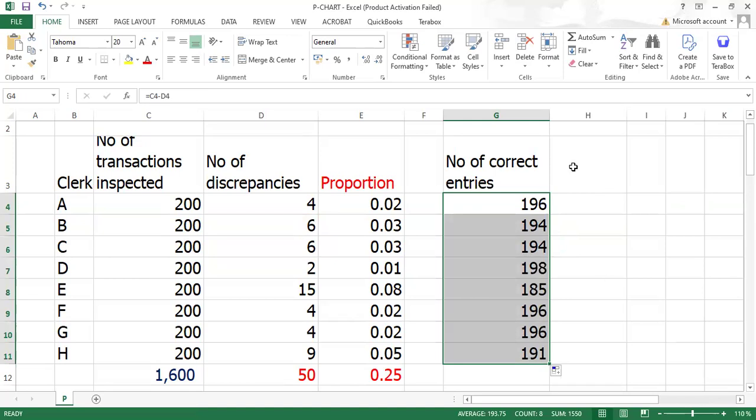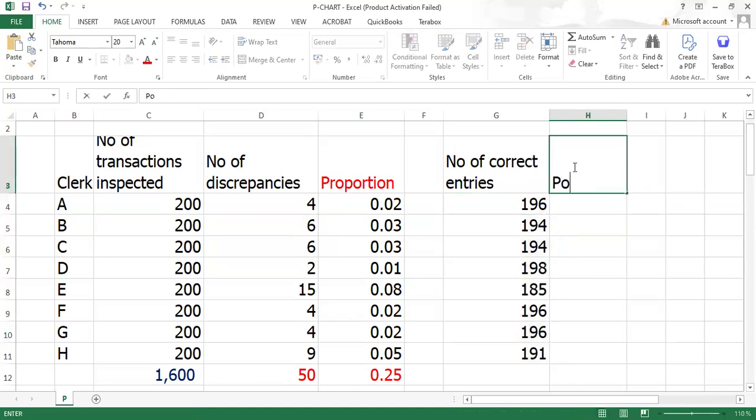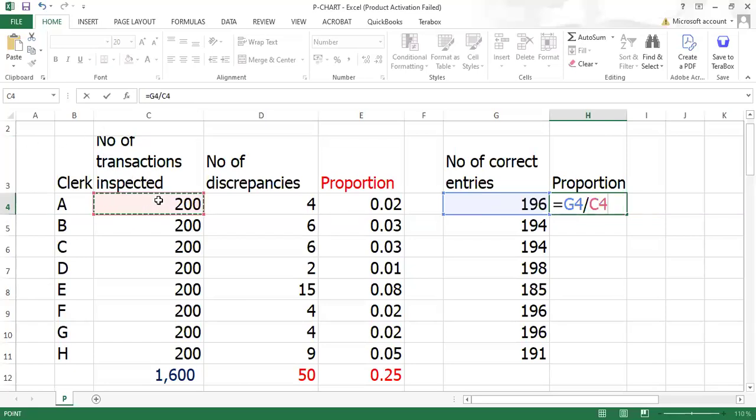Then how will you get the proportion of the correct data entries? You get the number of correct data entries, then you divide by the total number of transactions inspected.